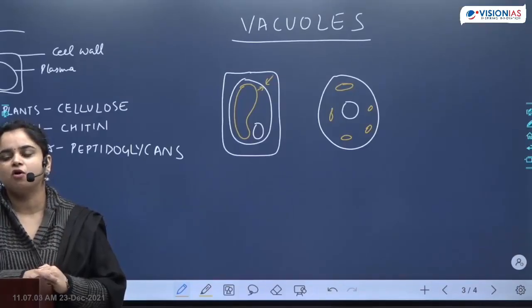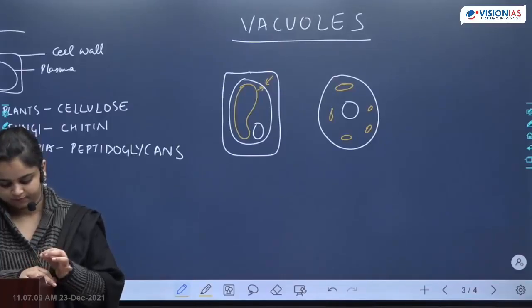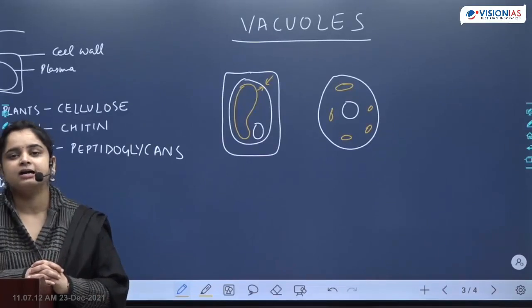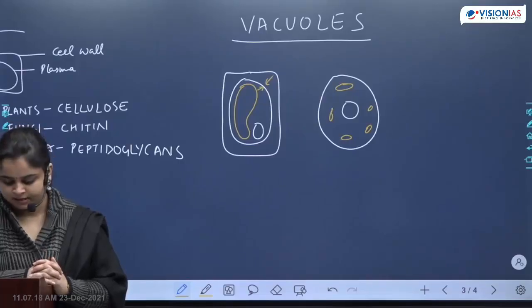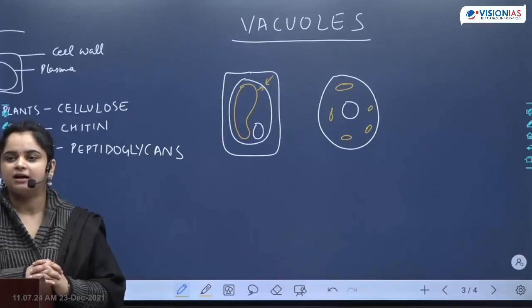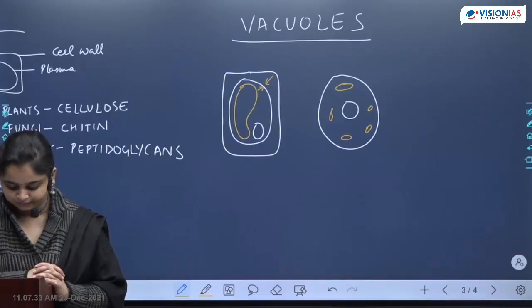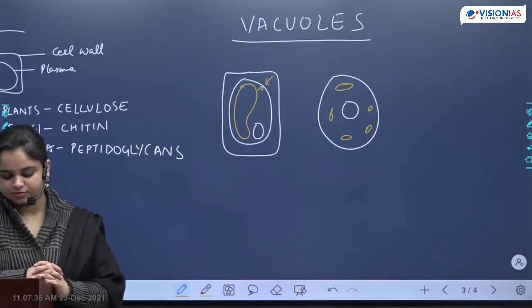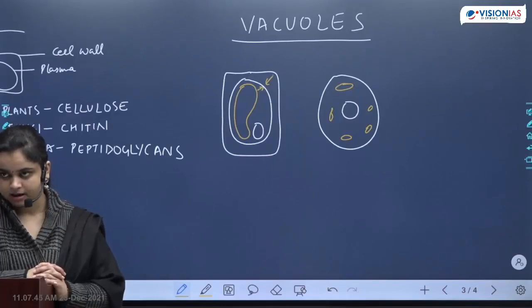They are present in the form of a single large structure in plant cells, and multiple smaller structures in animal cells.